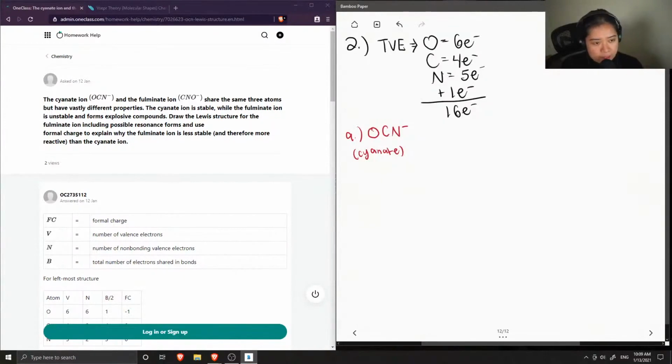So this tells us that our carbon is our central atom, and I'll also draw the different resonance structures that can take place. So first, we can have a single bonded oxygen. Really, I'll draw it like this. And a triple bonded nitrogen.